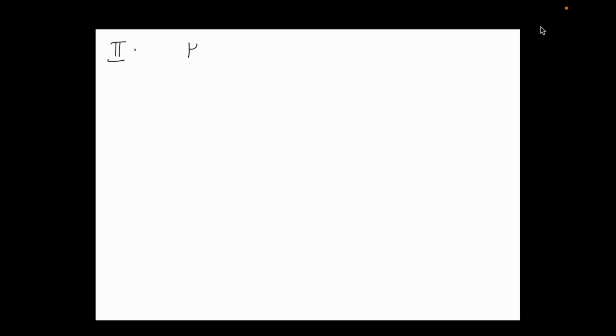Second case, the perturbation is like this. You have in the middle the L by 3 portion as V naught. Now it might seem that all of it should be the same, but it's not that intuitive.